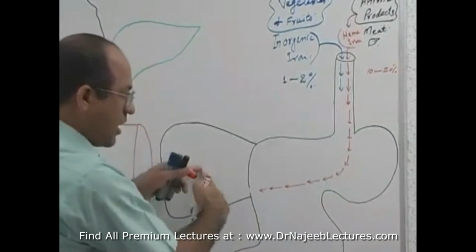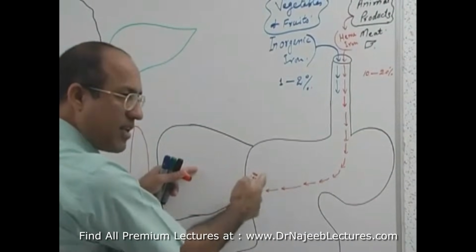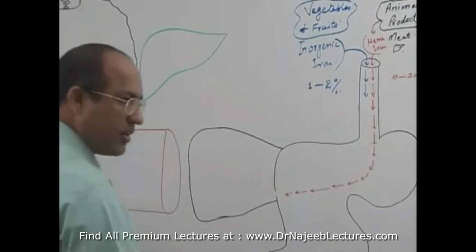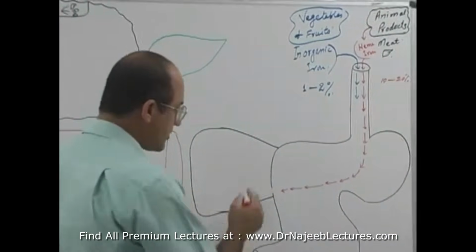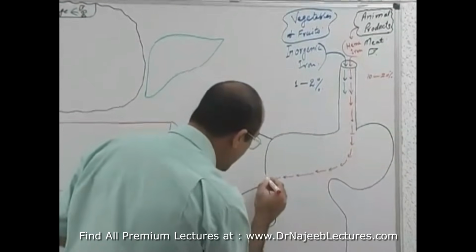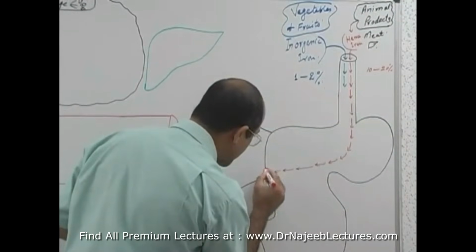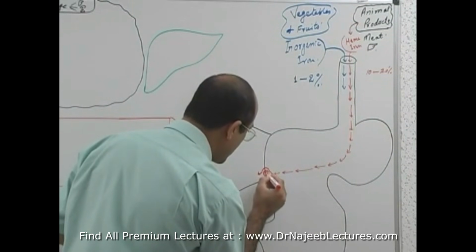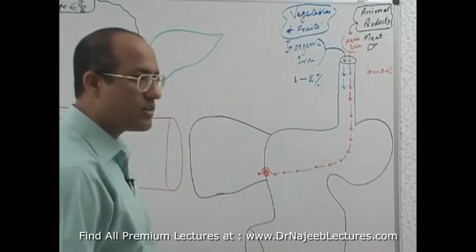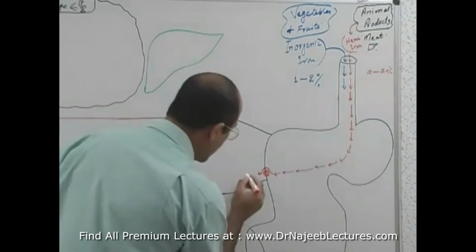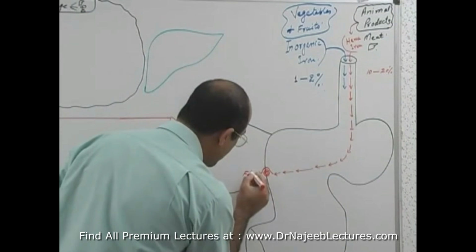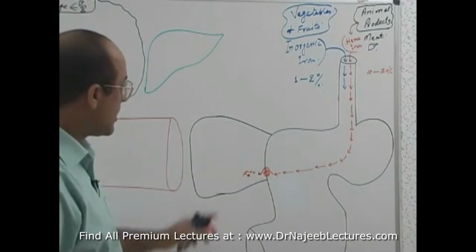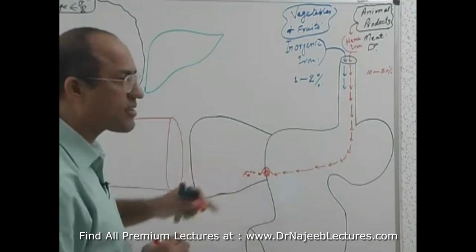These cells will import the iron from the apical side and export the iron to the blood from the basolateral side. Now in the case of heme, there are special heme iron transporters here, right? So iron will transport from here in. Once heme iron has entered, what is its further fate we'll discuss later.